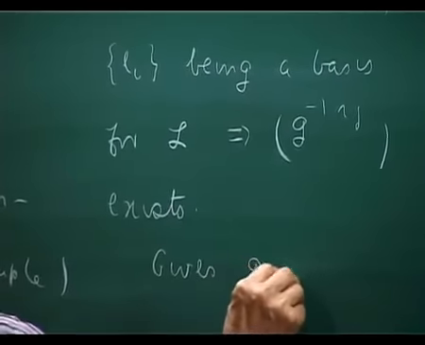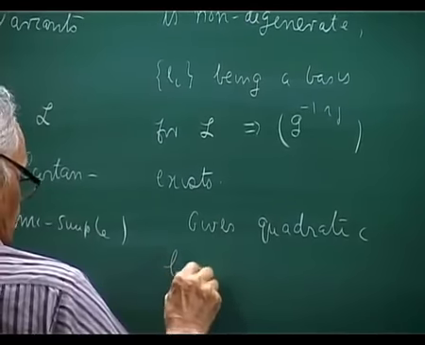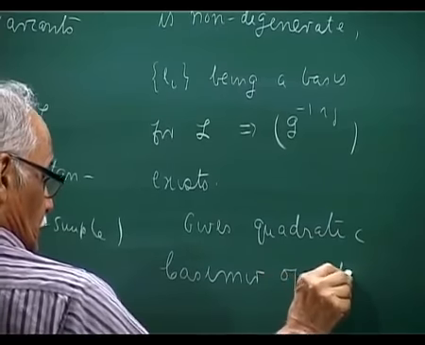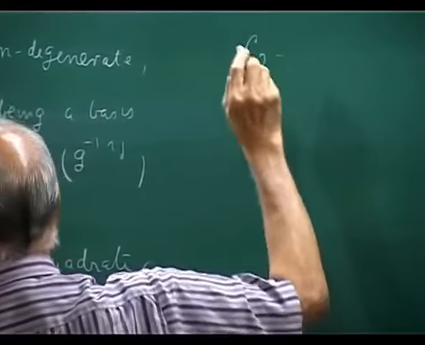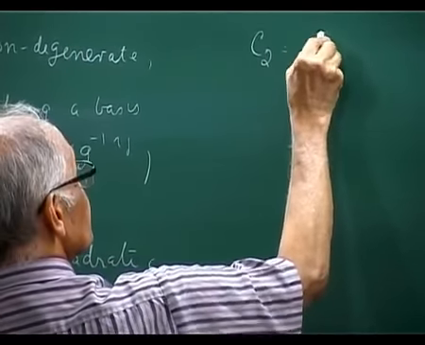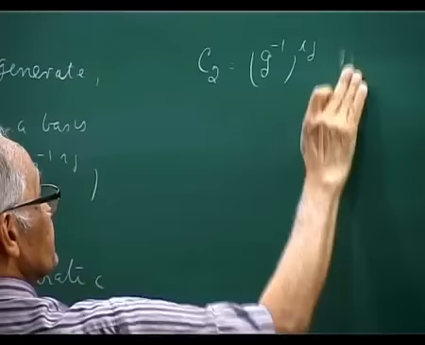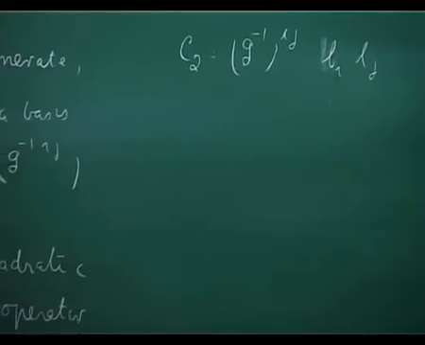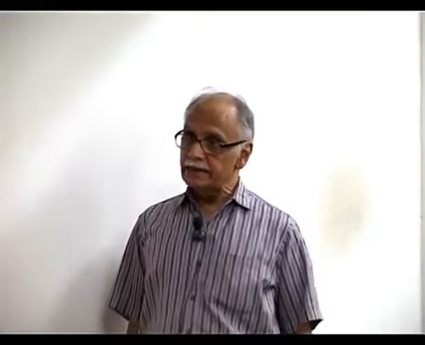So from here, you could construct the quadratic Casimir operator, let me call it C2, which is g inverse ij times L_i L_j. This commutes with all the elements of the Lie algebra, so it becomes a multiple of the identity in any irreducible representation.